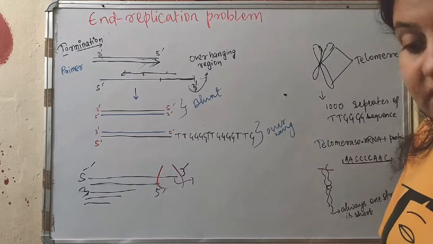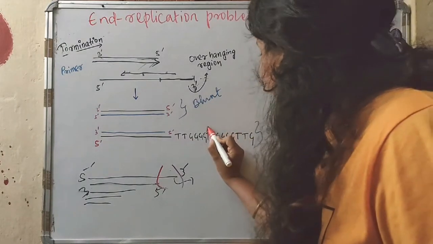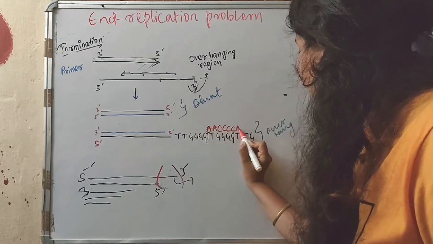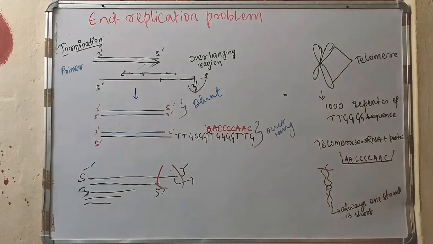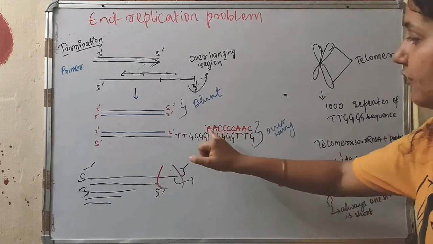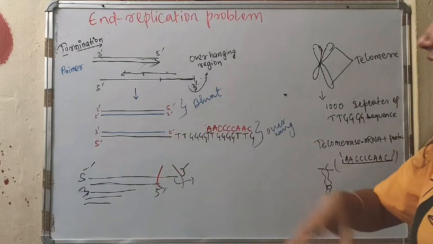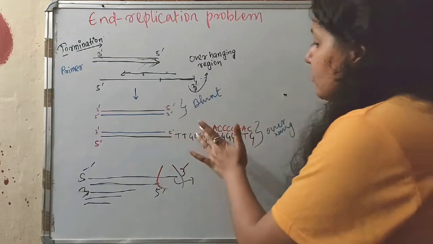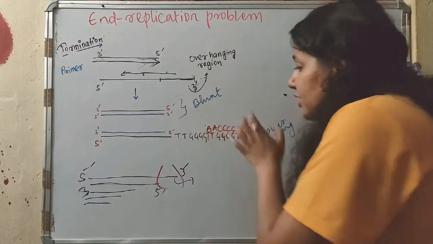Now these enzymes will make a complement. AACCCAAC. This is the sequence of the telomerase enzyme, and it will form a complement. And the protein part of the enzyme will be forming further nucleotides. The remaining nucleotide portion will again be synthesized by the protein part of the enzyme.